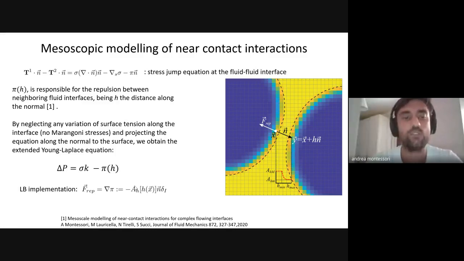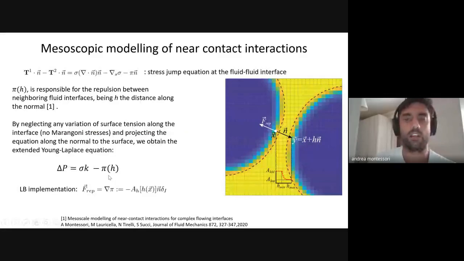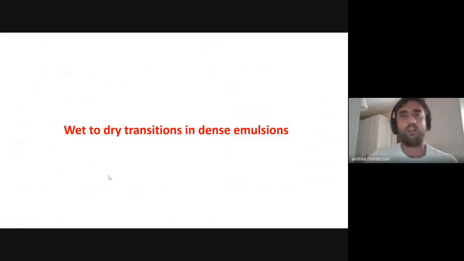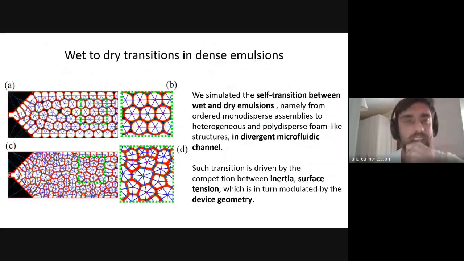And so by tuning the near-contact repulsive force, you can tune the rate of collisions between droplets. Okay, so anyway, in our work we set A in order to avoid the collisions between neighboring fluid droplets. So, as I said before, our aim was to simulate the transition between wet and dry emulsions, namely from ordered monodispersed assemblies, as reported here in figure B.